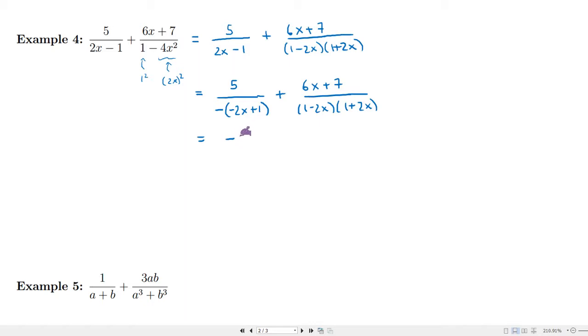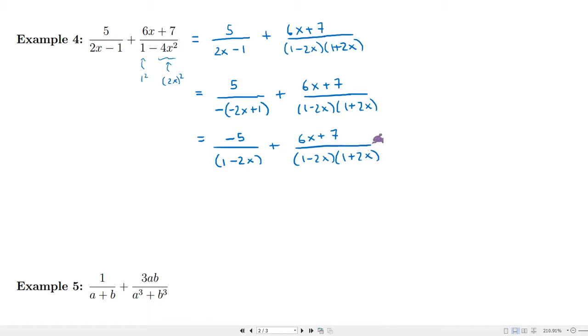So I could put the negative up top. You could leave it there and try to add the negative over here, but I'm just going to make it less confusing. In my opinion, just move the negative up here. That's perfectly fine. The only reason I'm doing that is so we can see that this is the only thing that's missing from over here. Okay? So it's (6x plus 7) over (1 minus 2x)(1 plus 2x).